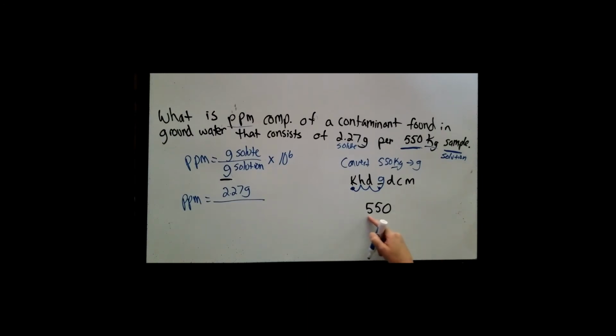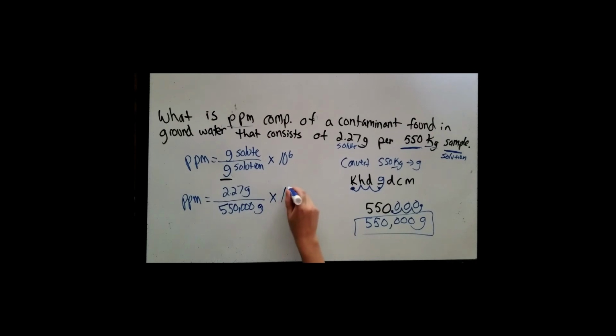This number doesn't have a decimal point, but we still start at the end of the number, moving 3 times to the right, which causes 3 empty spots. I'm going to put zeros in those 3 empty spots. That makes 550 kilograms equal to 550,000 grams. That's the amount I plug in down here so that my grams cancel.